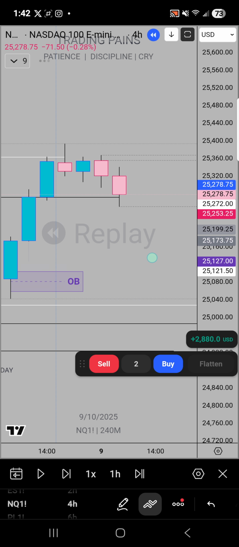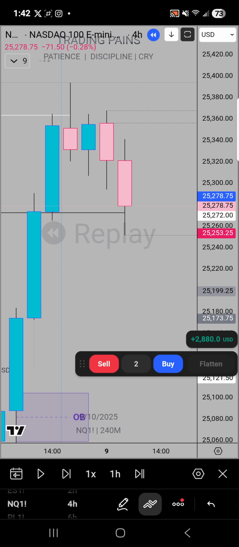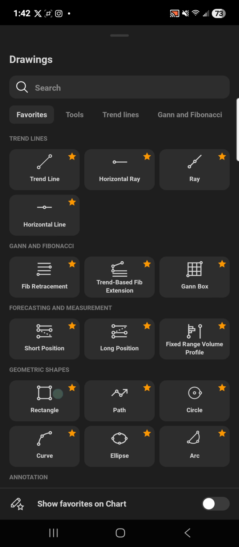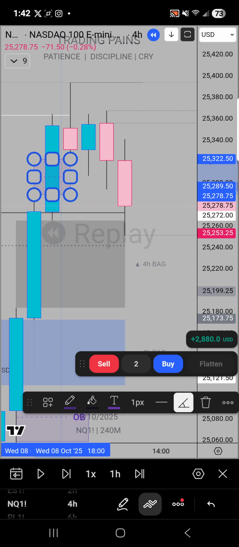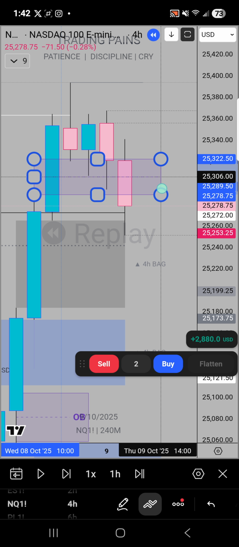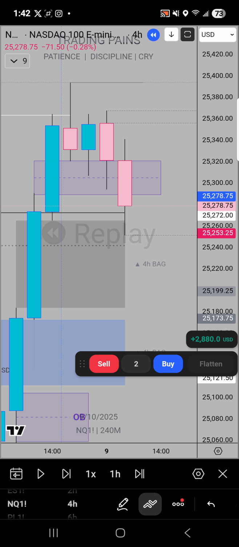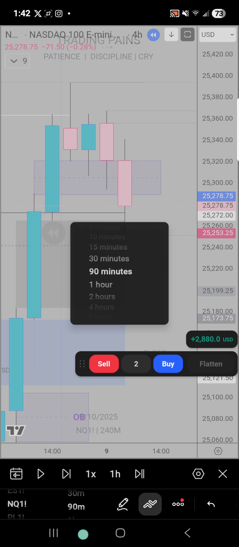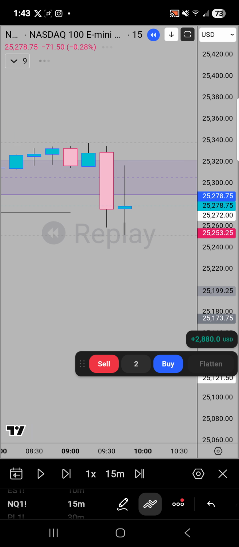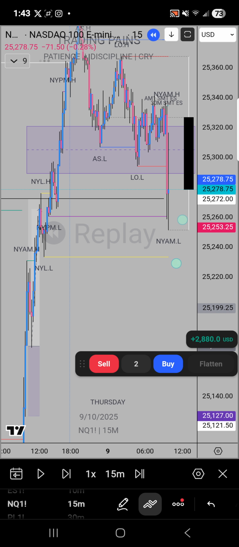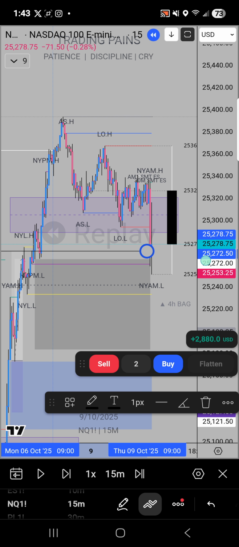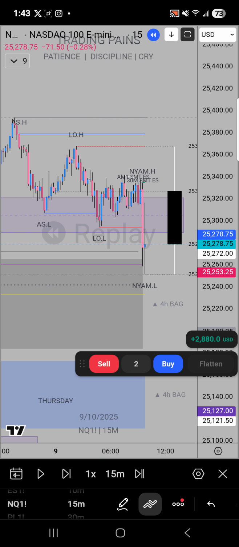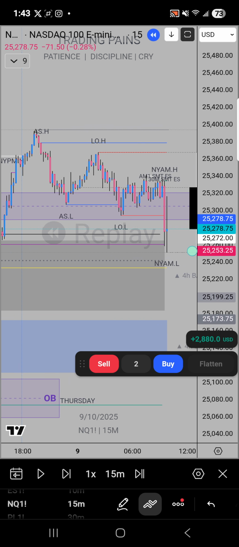On the 4 hour, it made an IFVG, an inverse fair value gap, so that tells me that's bearish. May have to double check back in because that 4 hour candle is not yet completed. It just took out London lows, London highs. It feels very bullish from this regard.